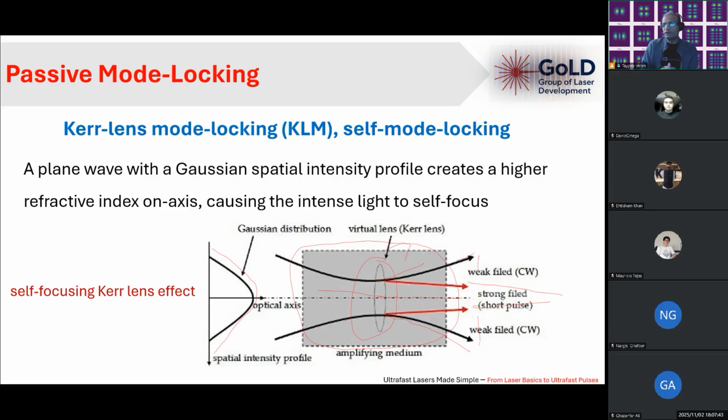If you have the same medium and a very low intensity laser beam passes through, nothing will happen. This effect will not appear. But if you have a very intense beam, then this effect will appear following the equation n equals n0 plus n2 I. This equation tells you everything. Intensity dependent refractive index.